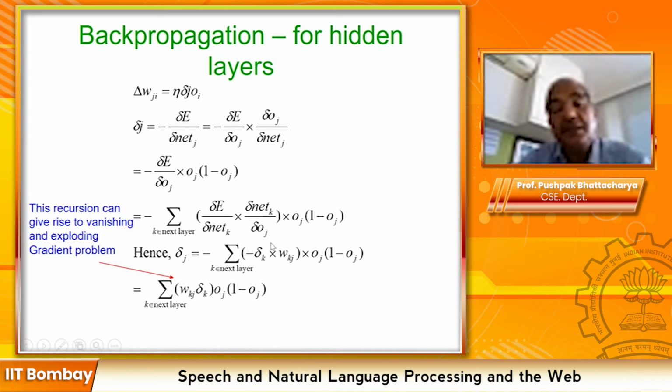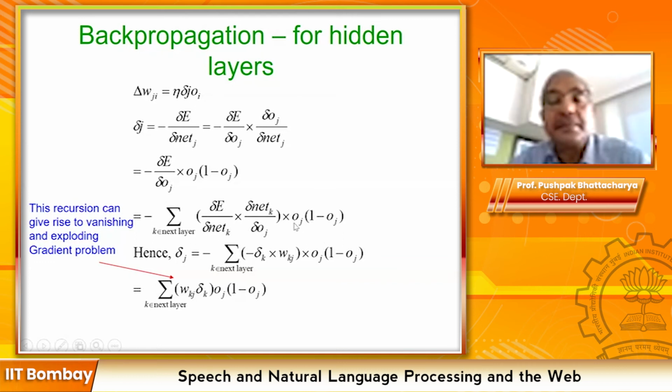So again, I very strongly recommend, Satyam, put this as an exercise, that you implement backpropagation on your own. There are many tools available, including MATLAB, and I think Python also has a library for backpropagation. But you implement it yourself and run it on XOR.